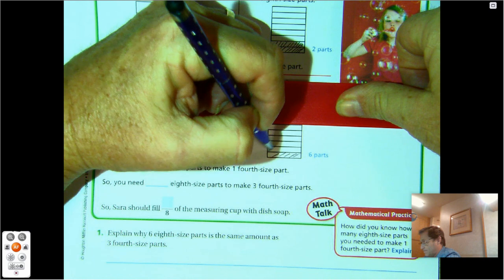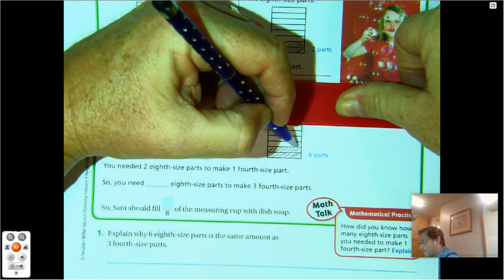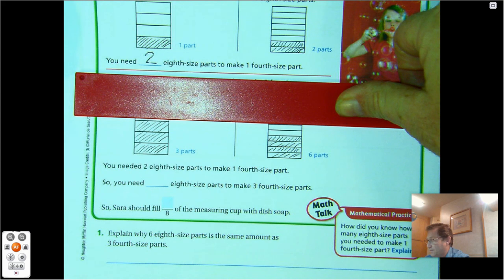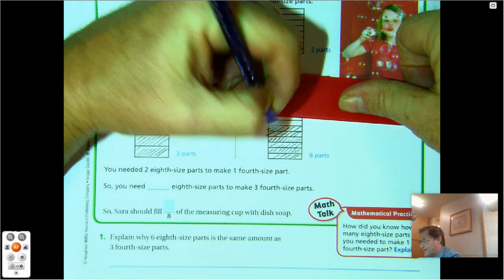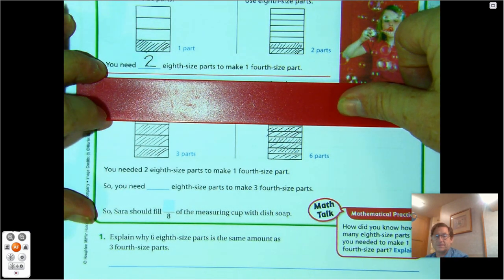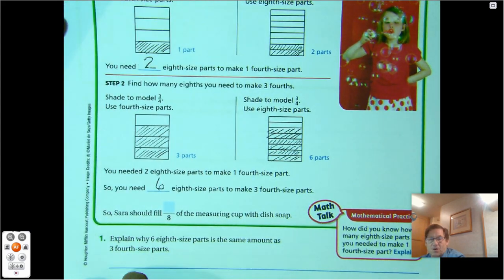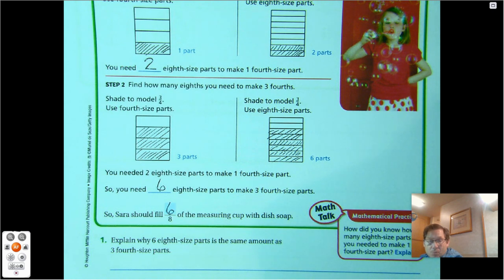So 2/8 equals 1/4. 4/8 equals 2/4. 6/8 equals 3/4. All right, so you need 6 eighth size parts to make 3/4. So she needs to fill 6/8 of the measuring cup with dish soap.